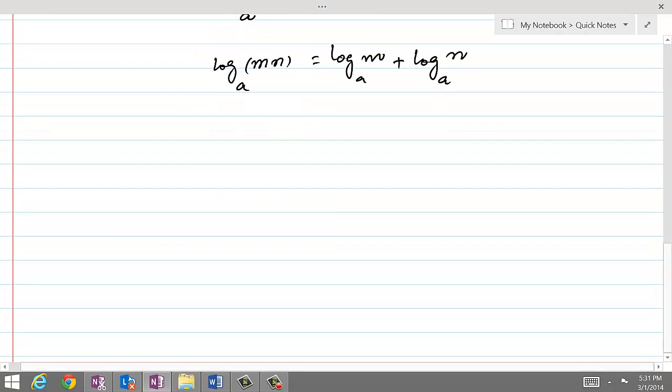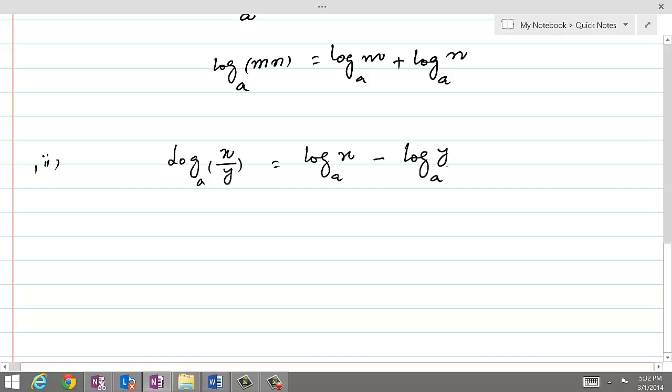Similarly, we can prove the second law. That is not hard. The second law states that the logarithm of the quotient x over y base a is equal to log of x base a minus log of y base a.